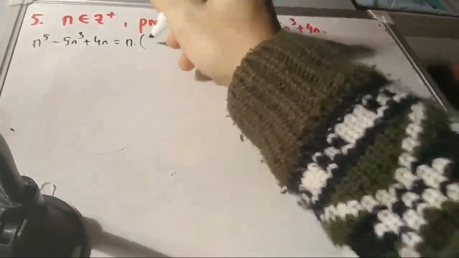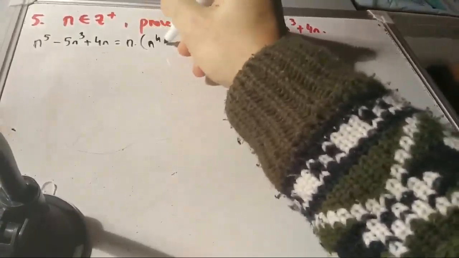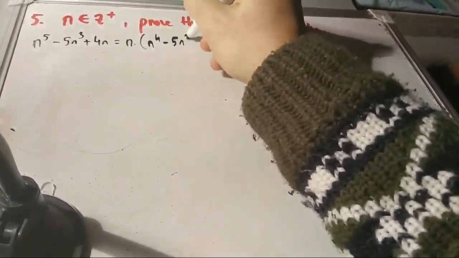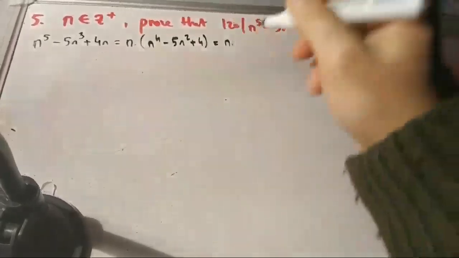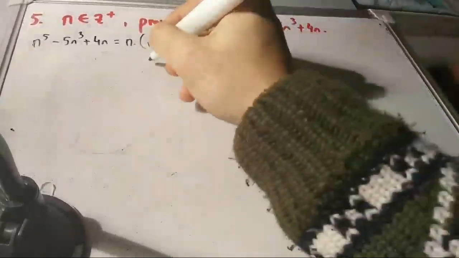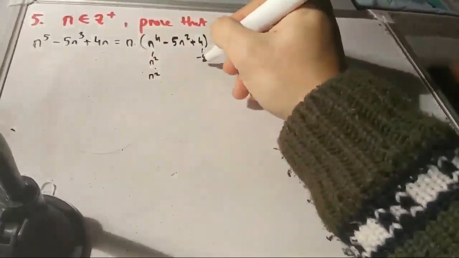n times n to the power of 4 minus 5n squared plus 4 is equal to n times, when we factorize it, n to the power of 4 is n squared times n squared, and 4 is -4 times -1.